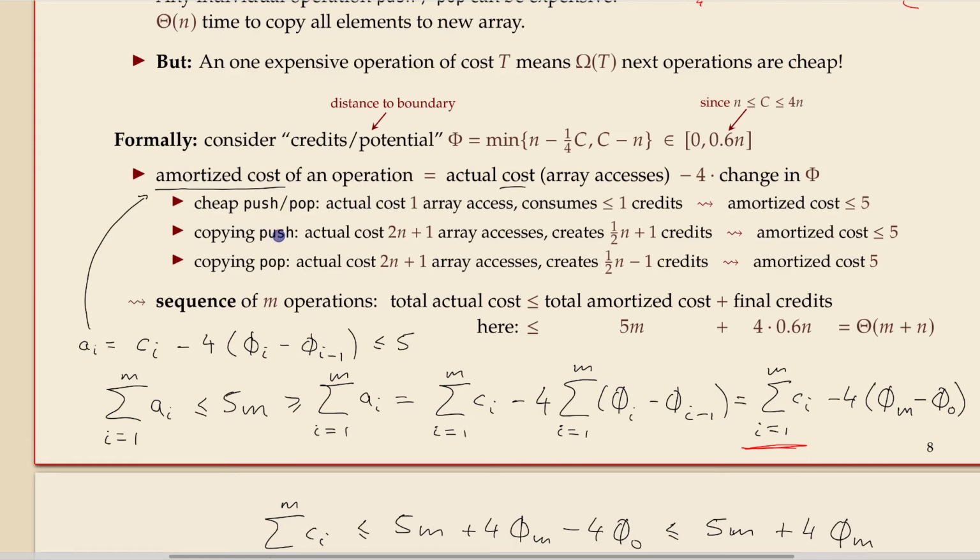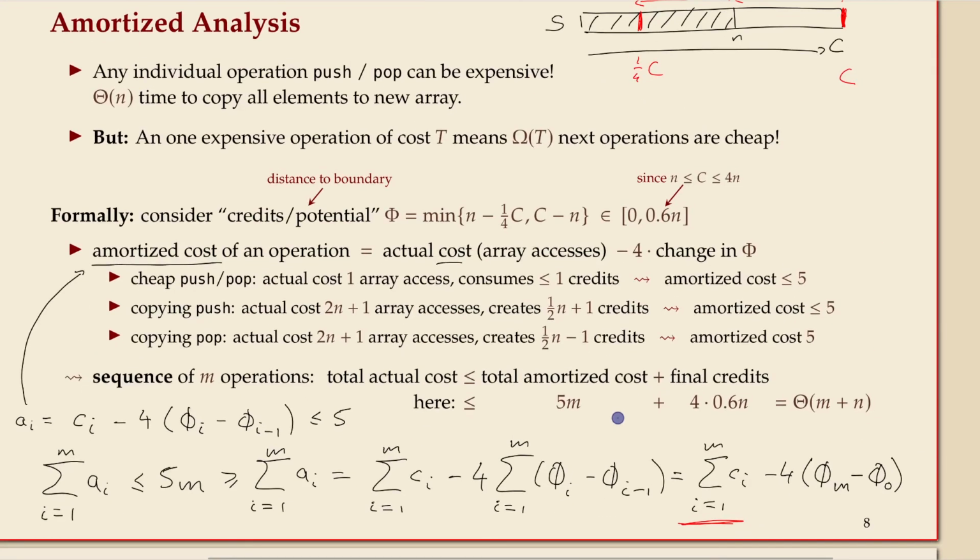What happens if we push and have to resize? The actual cost is 2n plus 1 because I have to create an array of the new size, and then I have to read n elements, write n elements for the copy, and one more element because I'm pushing a new one. That's 2n plus 1. If you do the math, it happens to come out that you create 1/2 n credits. And for that, you have to look at what the situation is here.